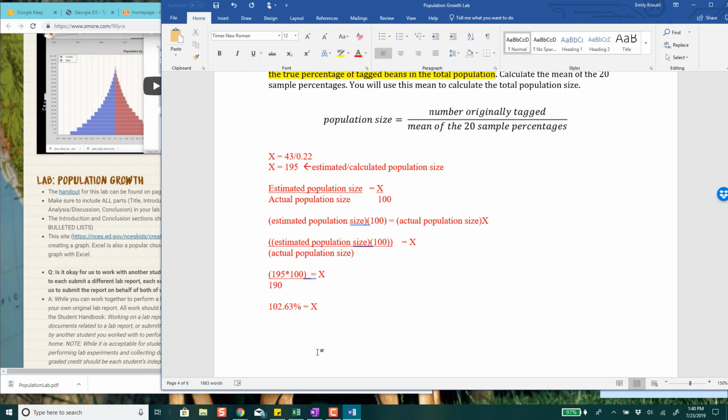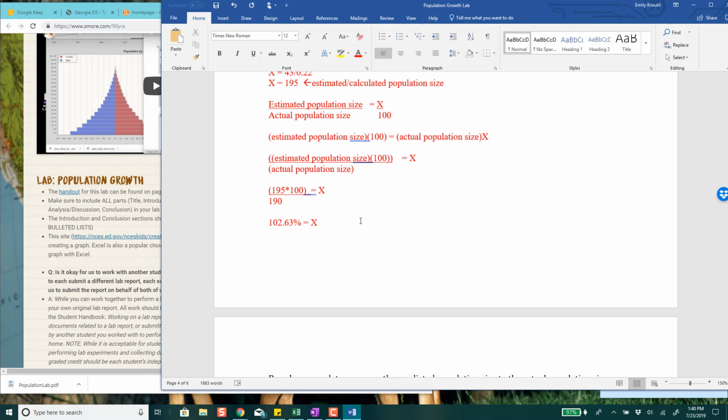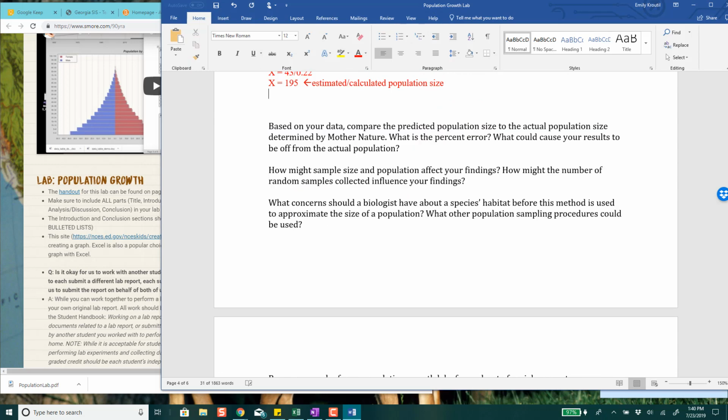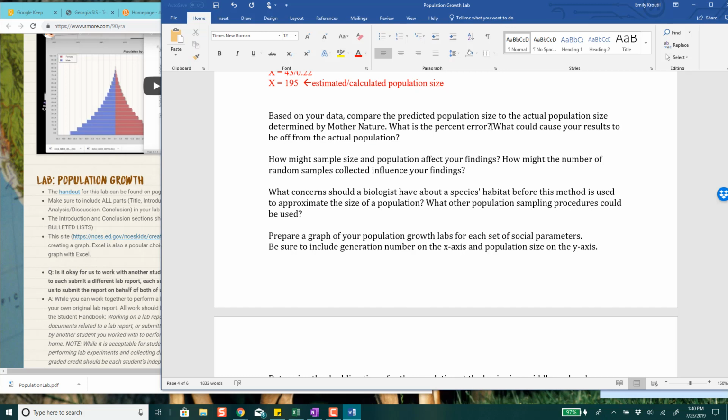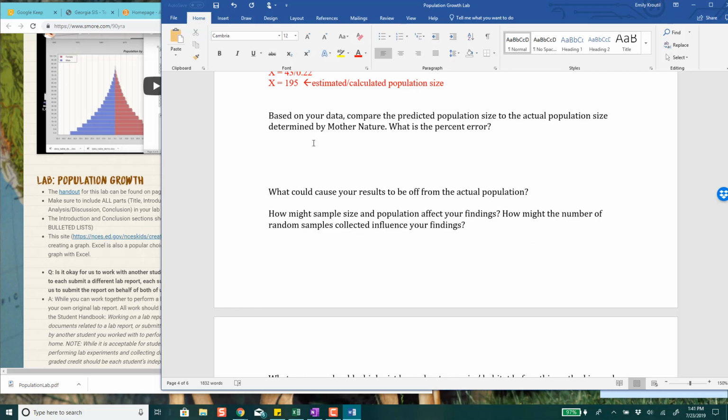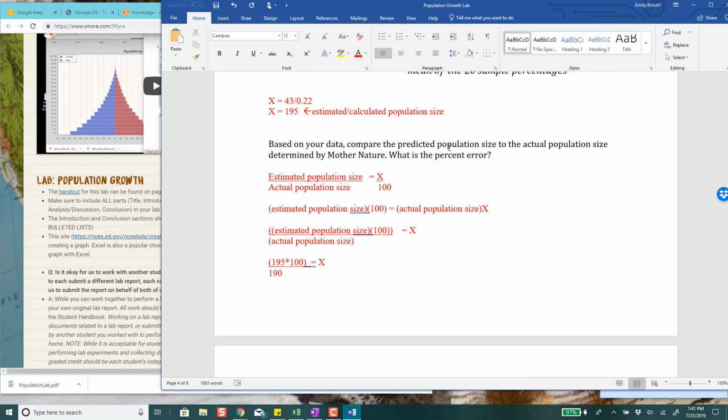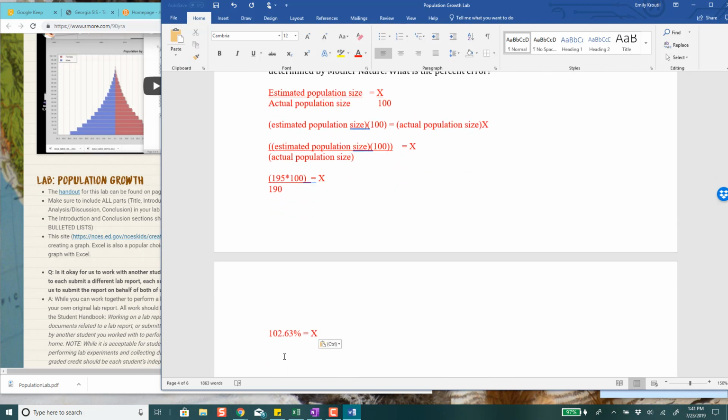So our actual percent error, here, let me see. This should actually go here. Your percent error is going to be right here. The percent error is actually 102.63 minus 100, which is 2.63.